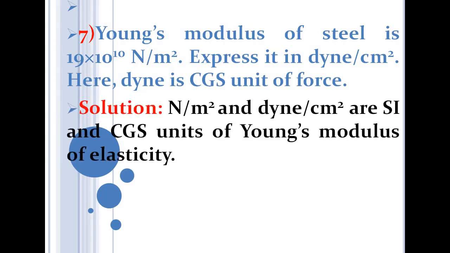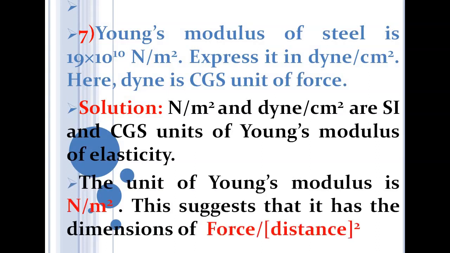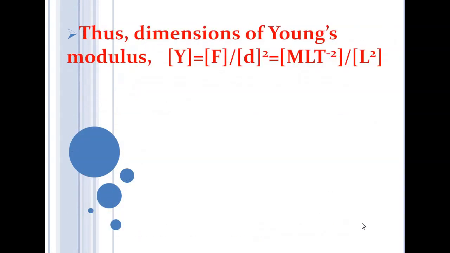Let's begin with the unit of Young's modulus, Newton per meter square. It is obvious, and it includes the dimension of the force Newton and distance meter square. So force has the dimension you are familiar with, MLT^-2, that is the Newton as well, and distance or meter square has the dimension L square. So dimensional formula for the Young's modulus Y is MLT^-2 by L square.